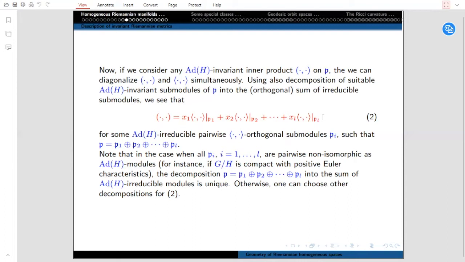And each of these P1, P2, and so on is also an Ad H-invariant subspace, irreducible, not necessarily irreducible, but invariant.